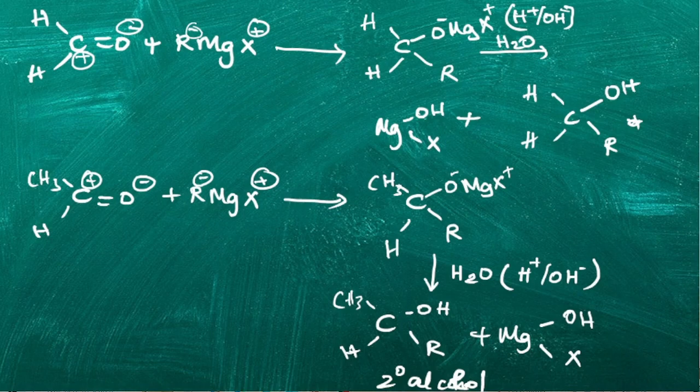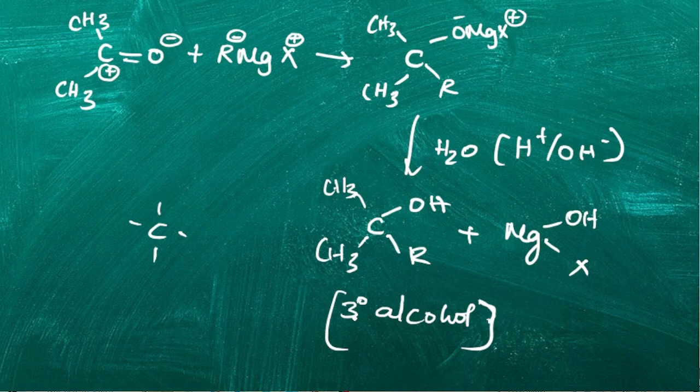This is primary. Primary means, see, two H's are attached, so you will be getting CH2 for this carbon. So that means it is primary, right? Now tertiary in the sense, here if you just see in this reaction, no H is attached for C. So C, no H is attached, but other groups are attached on the four sides. So this is tertiary alcohol.